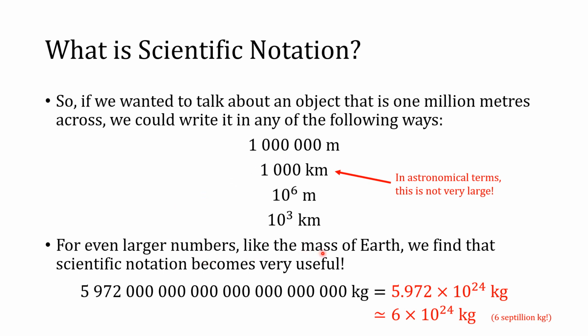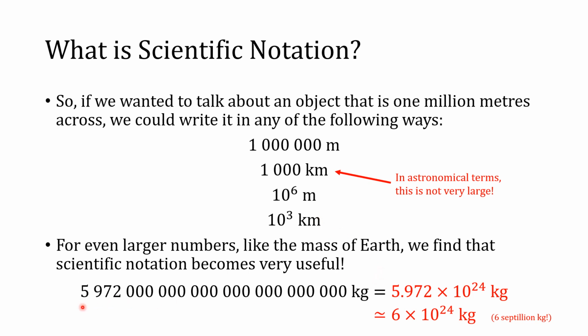But for larger numbers, like if we're talking about the mass of the Earth, how much stuff goes into making up the Earth, or if you want to think of it as how much the Earth weighs, that's not entirely correct, because mass and weight are different, but for now we can ignore that difference. We'll just say how heavy the Earth is, and we wanted to use a number to describe that.